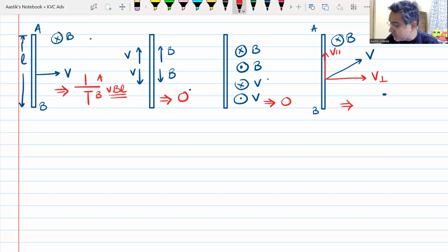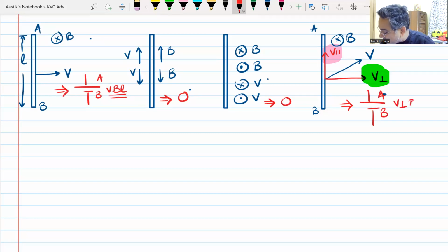Here the parallel component of velocity cannot create any potential difference. It's only the perpendicular component that can create V cross B. So you can see point A would be at a higher potential, point B would be at a lower potential, and the potential difference would be V perpendicular into B into L. Do we understand this?